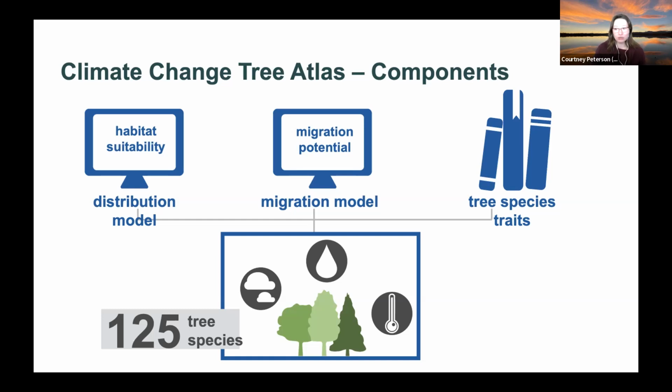So altogether, these 3 components can ultimately help us understand the current and potential future distributions for those 125 tree species that are included in the Climate Change Tree Atlas.